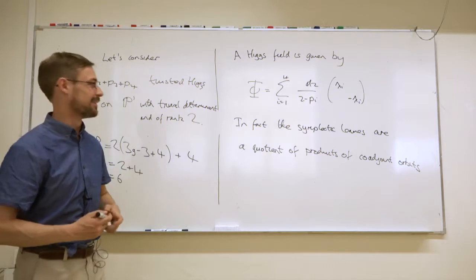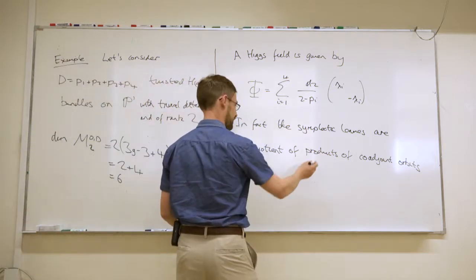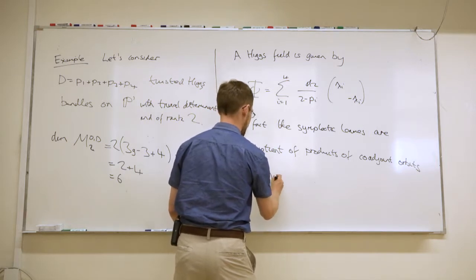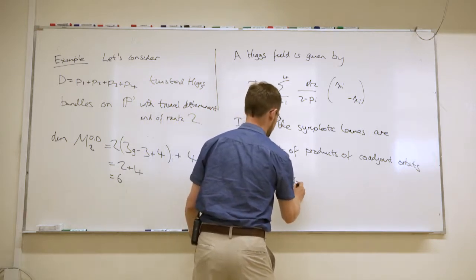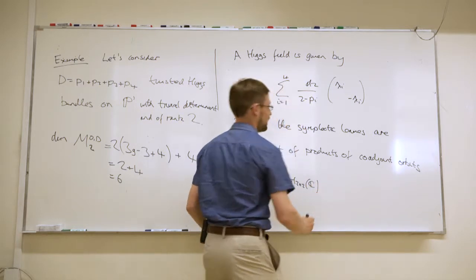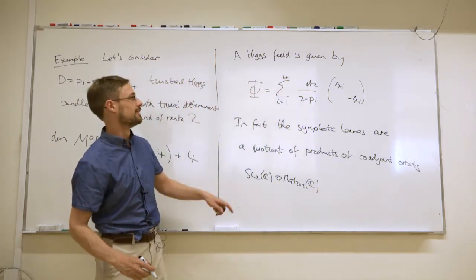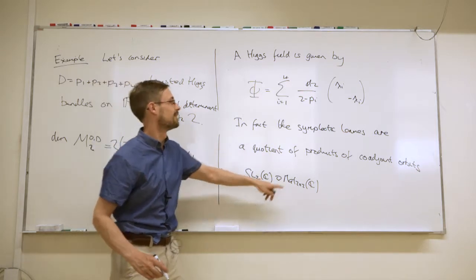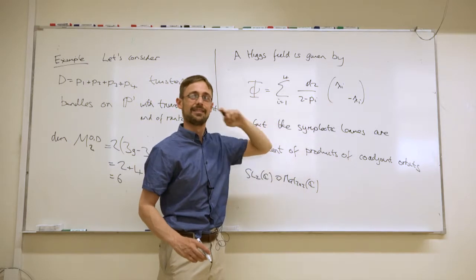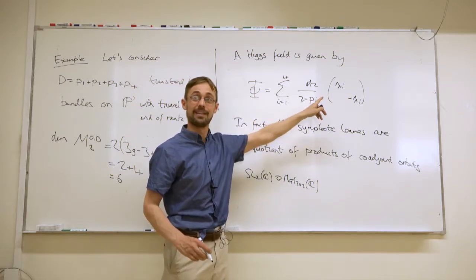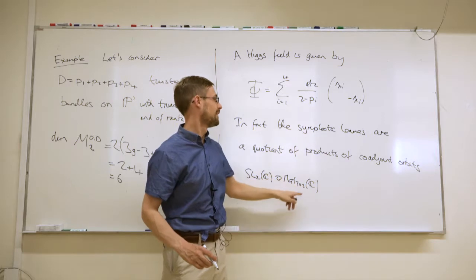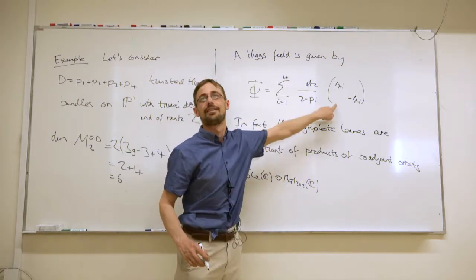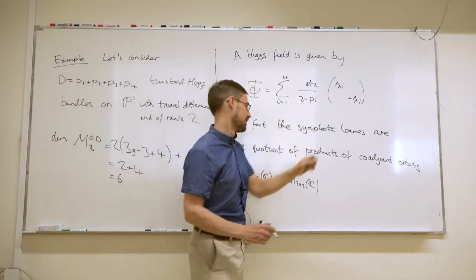So basically here you're interested in how SL2C acts on the space of all 2x2 matrices, and we can think just about trace 0 matrices.